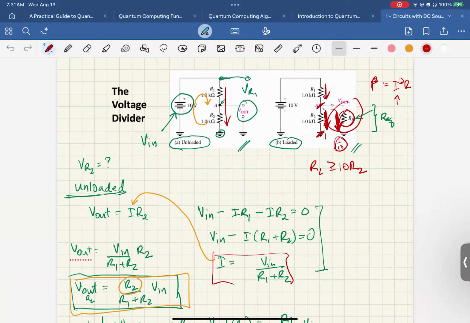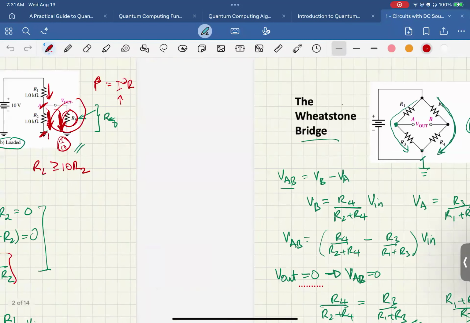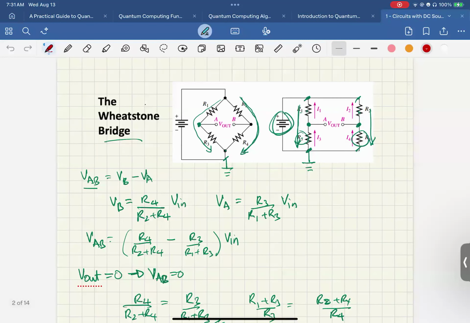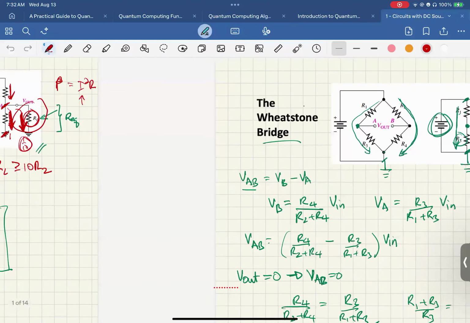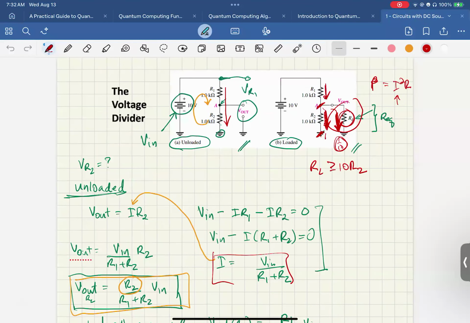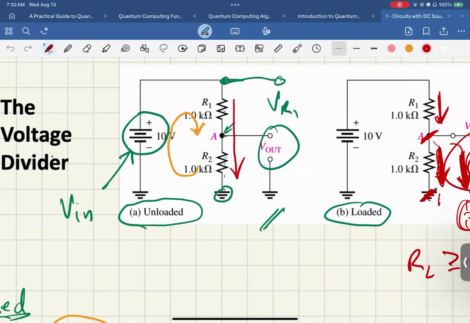You'll always see this in any type of circuits. And in fact, even itong Wheatstone bridge, we already discussed na this can be broken down into two voltage divider circuits.